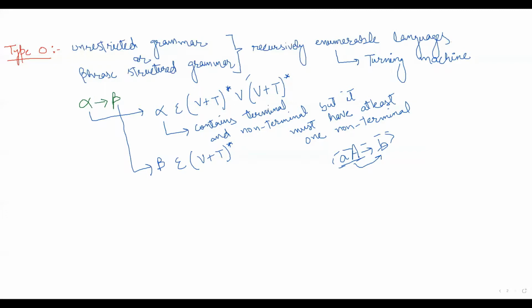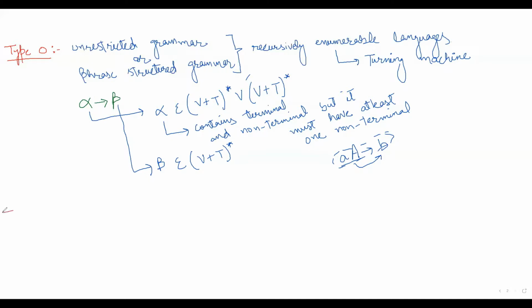It means it contains terminals and non-terminals, but it must have at least one non-terminal symbol. And this beta belongs to (V plus T) star. That means the beta may contain terminal and non-terminal symbols. Okay. So this is type 0 grammar.